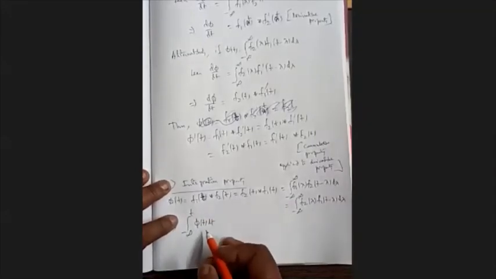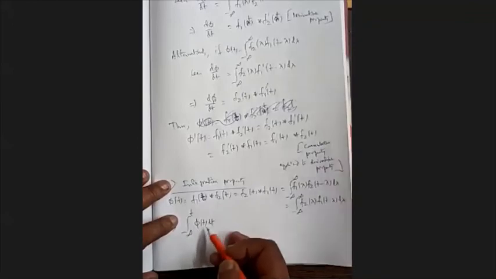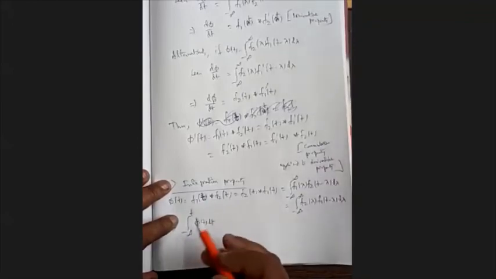If you are confused, you can put some different dummy variable. You can write phi(u) du integrated from minus infinity to t. Once you put the limits, the resulting function will become a function of t only. U will vanish after integration and substitution of limits.